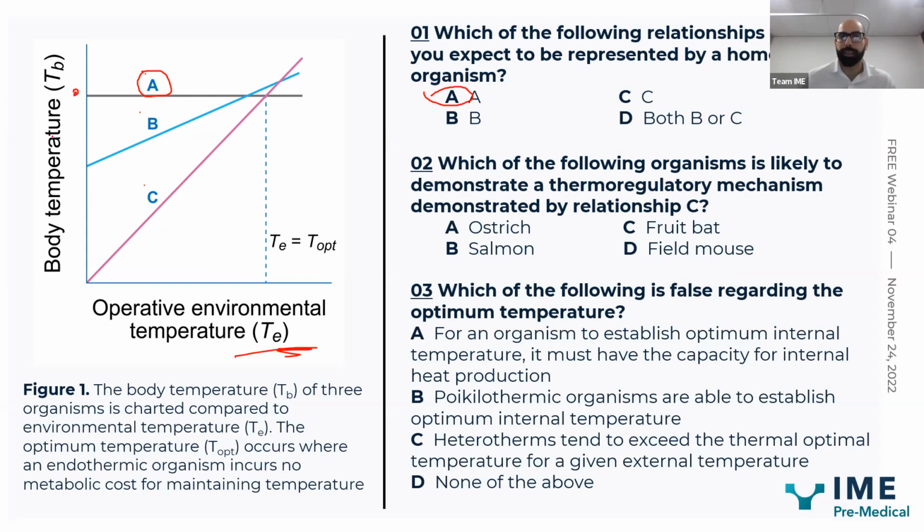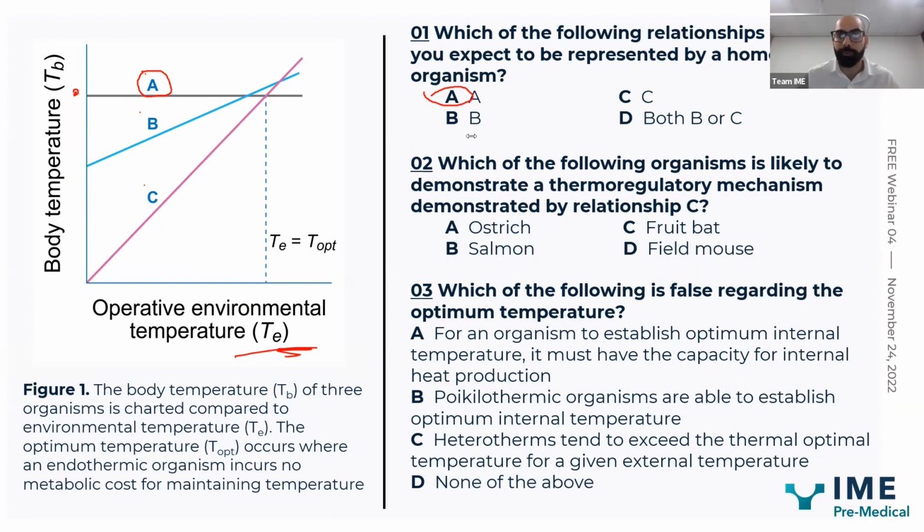When we look at the figure here, make sure you analyze the graphs carefully. It's telling you the TE, which is operative environmental temperature, which is just the outside temperature, and body temperature is internal temperature. And you can see the body internal temperature here is not changing across the different external temperatures. So we know that that represents a homeotherm. Therefore, question 1 has to be A.